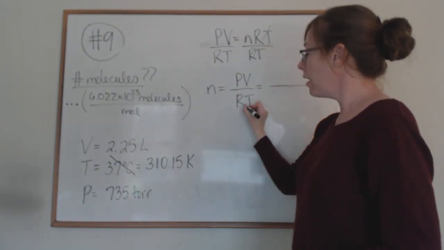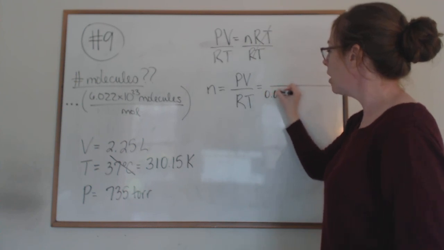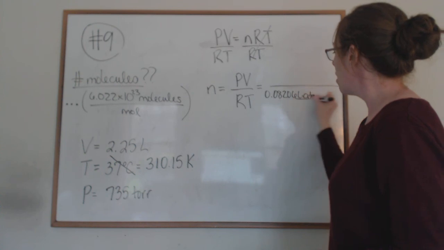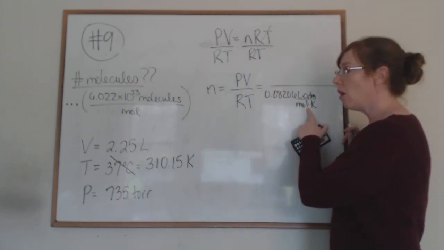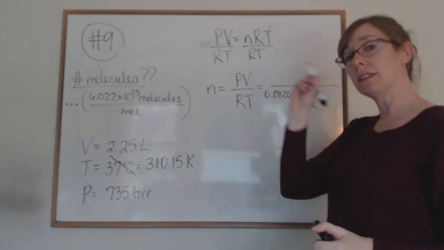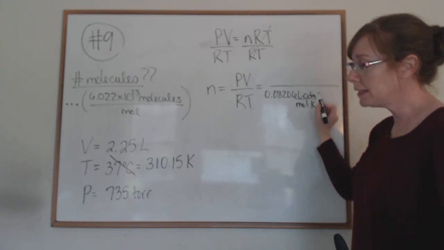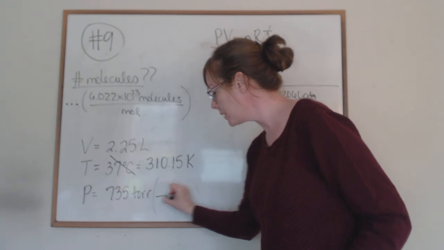Now, R, let me put that in first. R is 0.08206 liters times atmospheres over mole times Kelvin. Because those are the units in R, all of these units have to match what comes in R so that they cancel. Because R uses atmospheres, which it always does, I can't leave this in torr. I have to convert it to atmospheres.